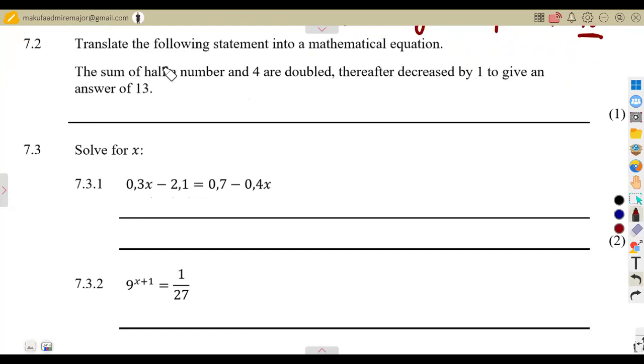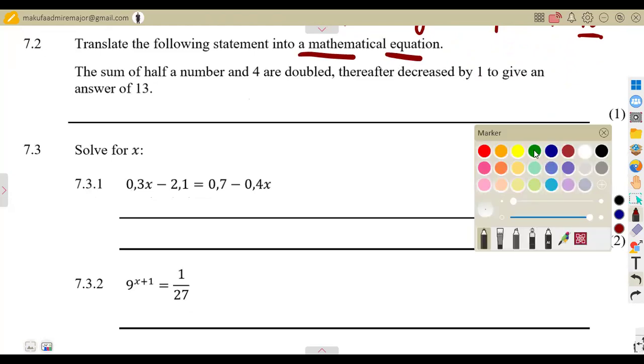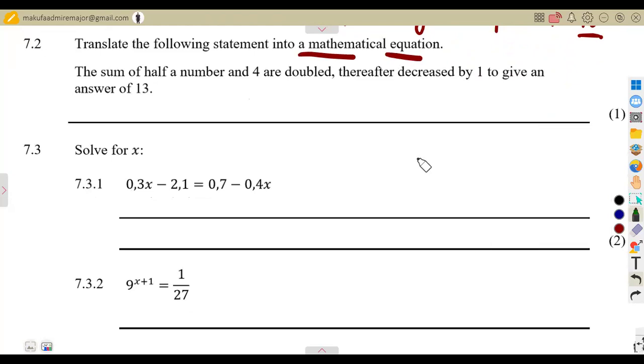Translate the following statement into a mathematical equation, just like what we had. We were given a mathematical equation; now give it as a mathematical equation from a statement. The sum of half a number. So a number is always x. So the sum of half a number and 4.